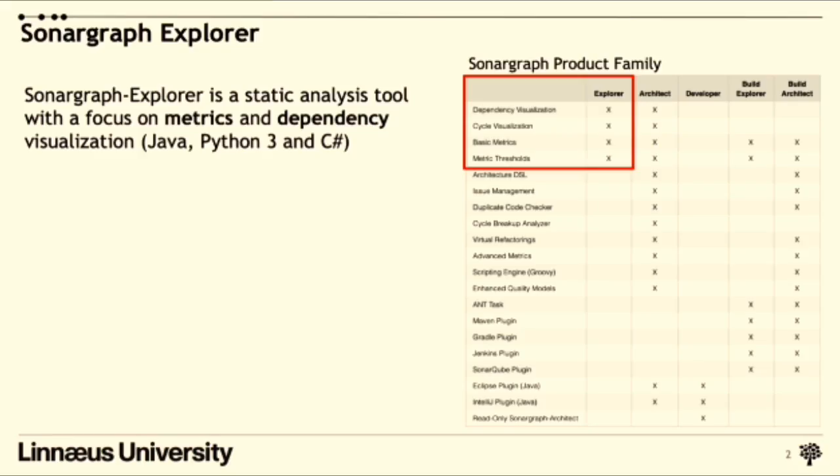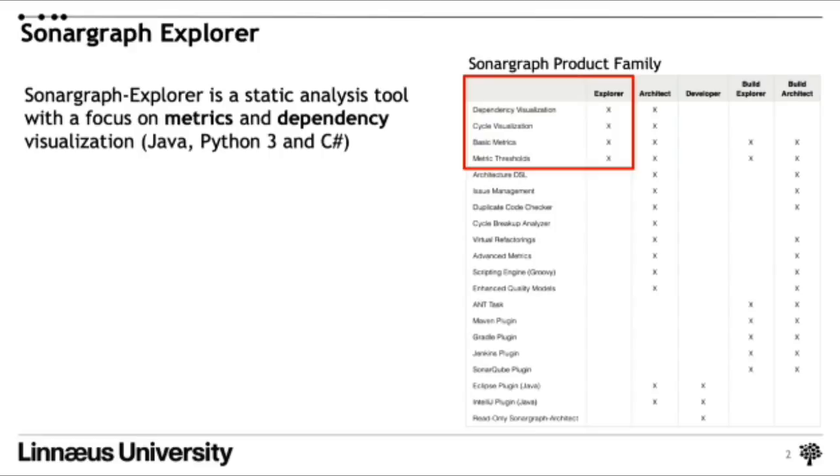So first of all, what is Sonar Graph Explorer? Sonar Graph Explorer is a static analysis tool that is able to analyze your source code and provide you some metrics about the quality of your code. It also allows you to visualize all the different dependencies that you have in your code.